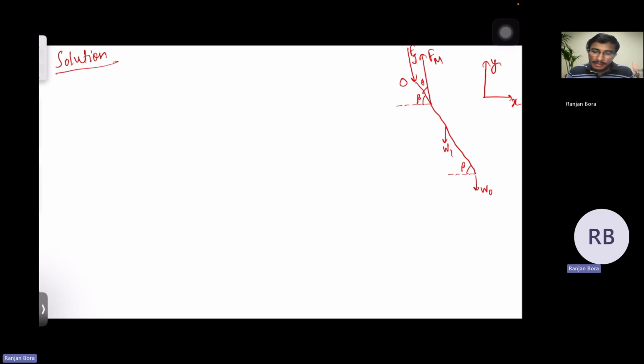So first we'll write the x component and y component of this muscle force Fm. So the x component of muscle force, Fmx, equal to Fm cos(theta plus beta), and it will act in this direction.